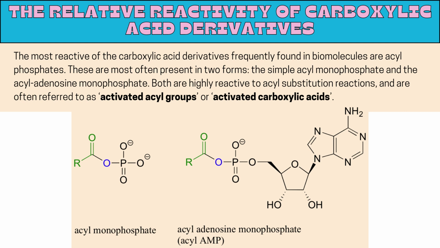Both are highly reactive to acyl substitution reactions and are often referred to as activated acyl groups or activated carboxylic acids. So we can see we have acyl monophosphate and acyl adenosine monophosphate, which are acyl phosphates, and they are the most reactive amongst the carboxylic acid derivatives.